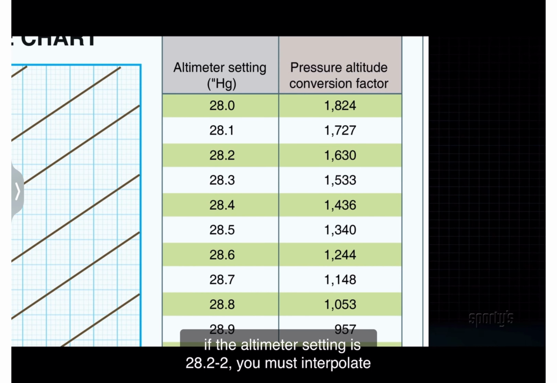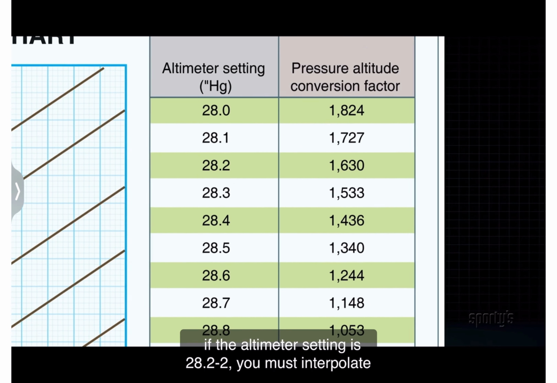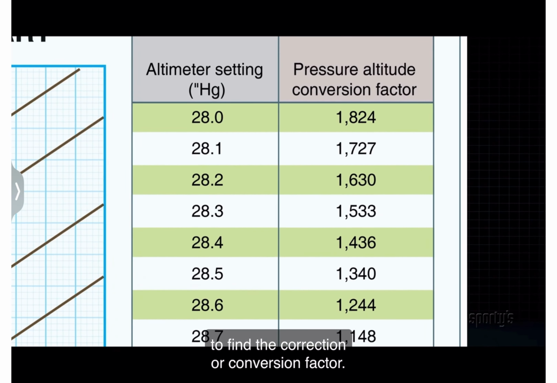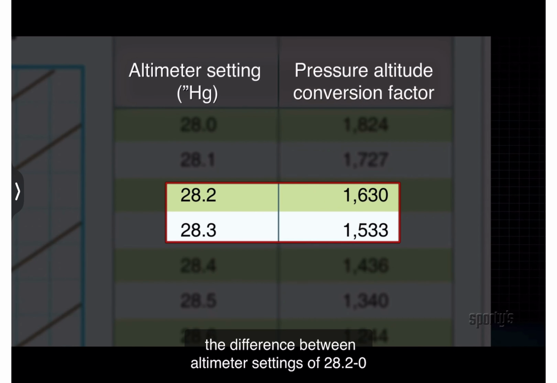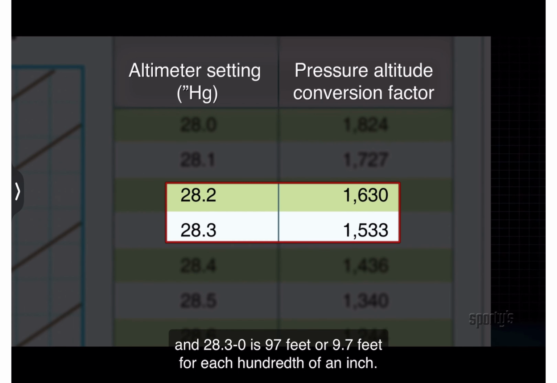If the altimeter setting is 28.22, you must interpolate to find the correction or conversion factor. The difference between altimeter settings of 28.20 and 28.30 is 97 feet, or 9.7 feet for each hundredth of an inch.